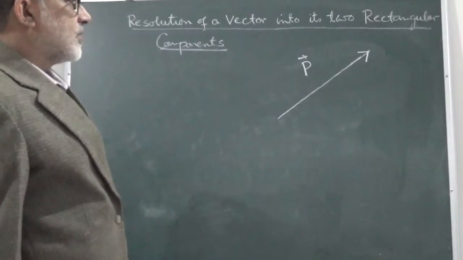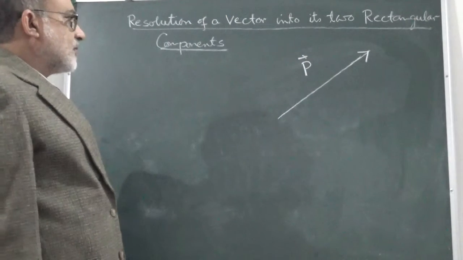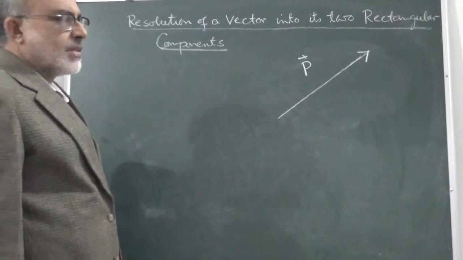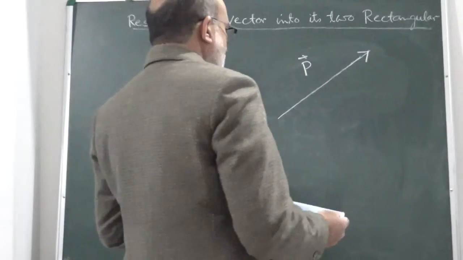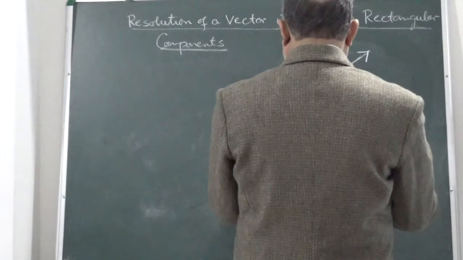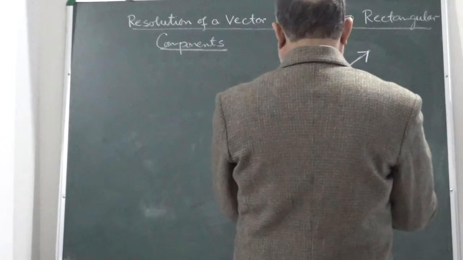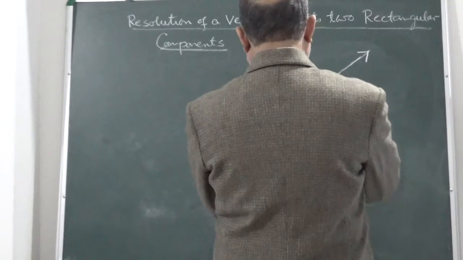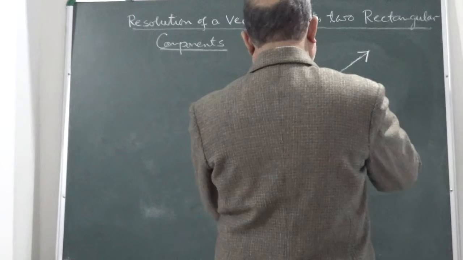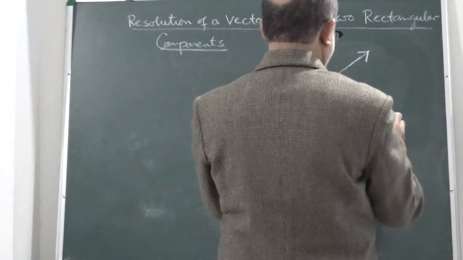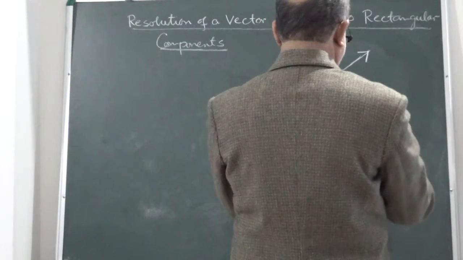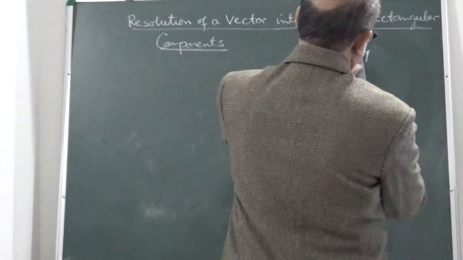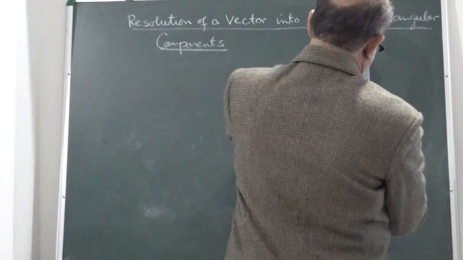Now we can have a large number of pairs of rectangular components of P. Suppose all we have to do is to take one straight line from the tail of P, and another straight line perpendicular to this.